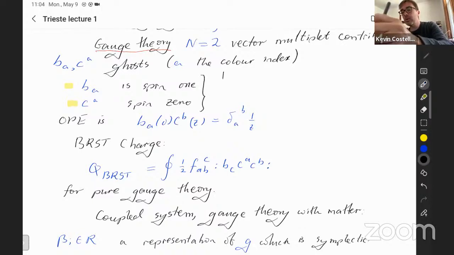And these are both fermionic. They have the simple OPE: b_a times c^b is delta_a^b times 1 over z. It's the same OPE one finds in free fermions, except they're spins 1 and 0.